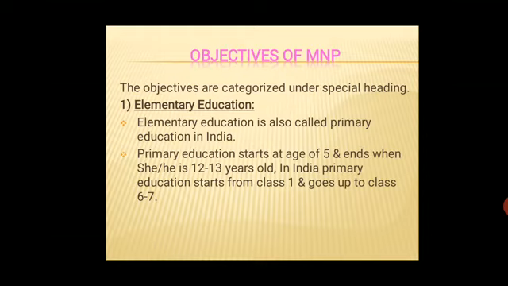The objectives of the Minimum Needs Program are categorized under specific headings. The first one is the component we already discussed, elementary education. What do we mean by elementary education? Elementary education is also known as primary education. It starts at the age of 5 and ends when the boy or girl reaches 12 to 13 years old.